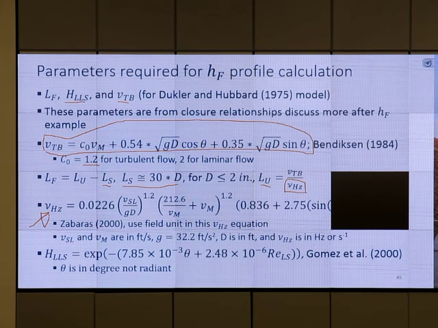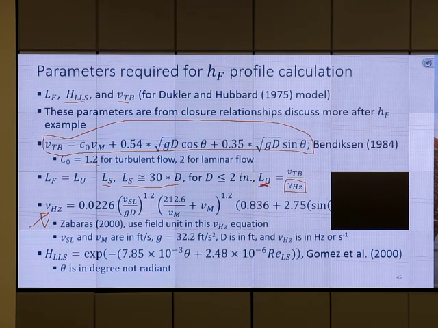You count how many slug bodies you have per minute. Okay. Then you can say, okay, in 1 second, how many slugs do you have? So the unit is 1/second or hertz. Okay, that's slug frequency. So VTB divided by slug frequency equals slug unit length. Basically 1/frequency is the period, right?